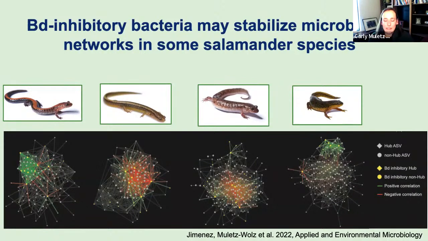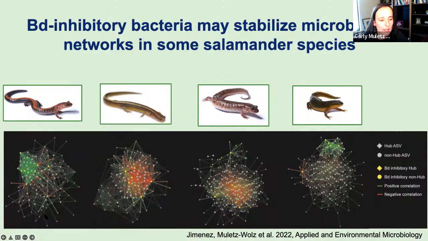This is showing you data from our second field season, which has recently been published in Applied and Environmental Microbiology. Check it out. It's looking at networks of these microbiomes. These are the four salamander species we sampled in our field surveys, and these are their microbiome networks.